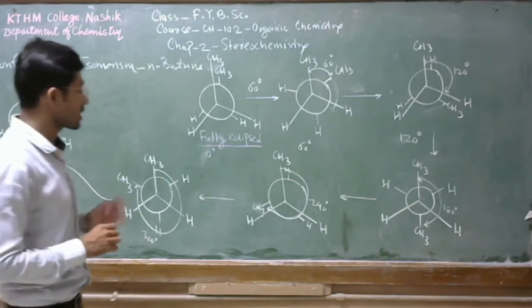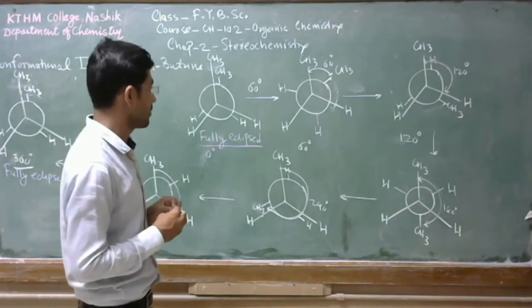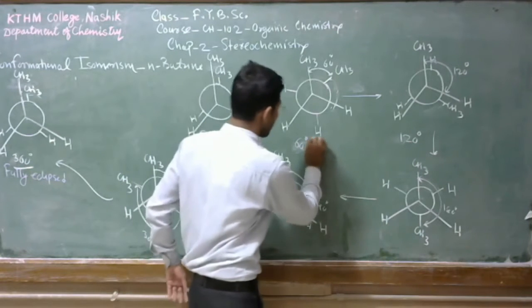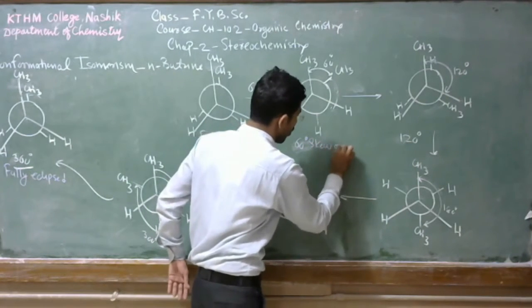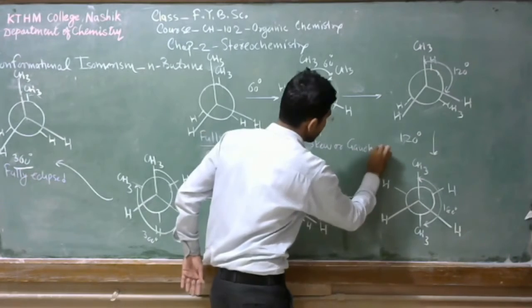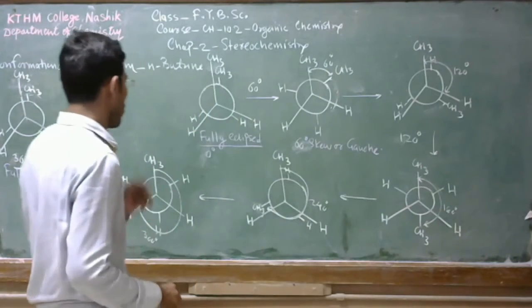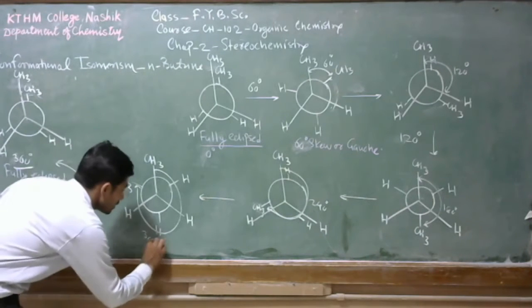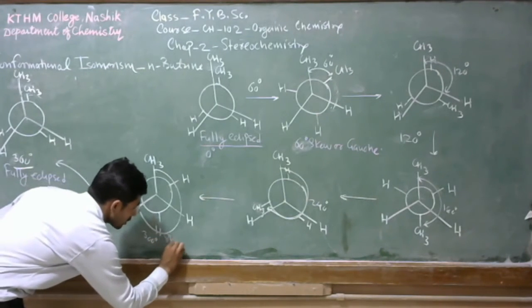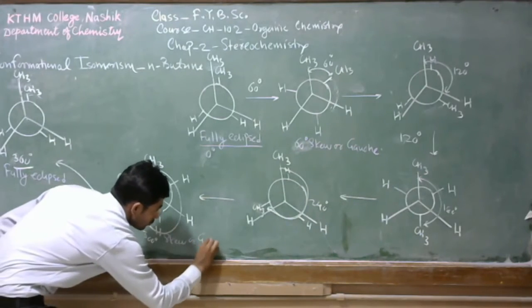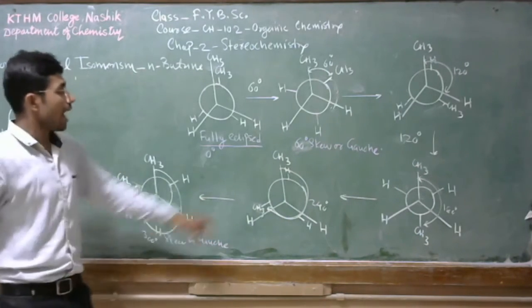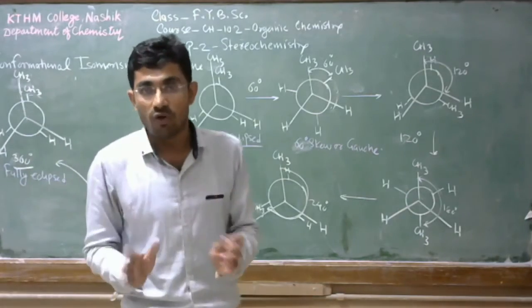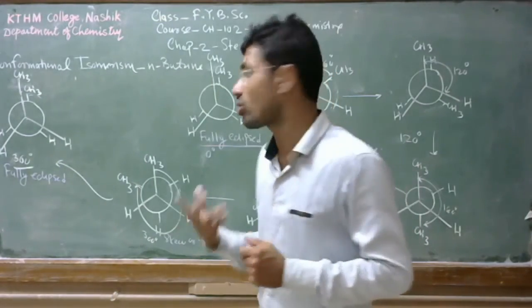Then the second conformation, for angle 60, we name as skew or gauche conformation. This conformation is also possible for angle 300. So for angle 60 and angle 300, for these two diagonal angles we can observe the skew or gauche conformation.